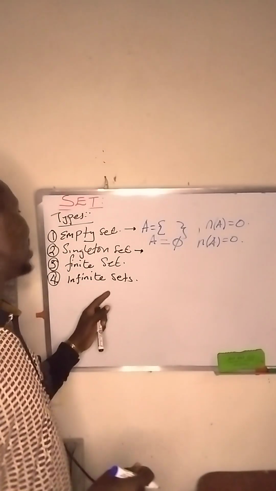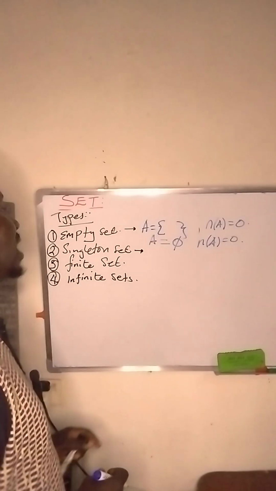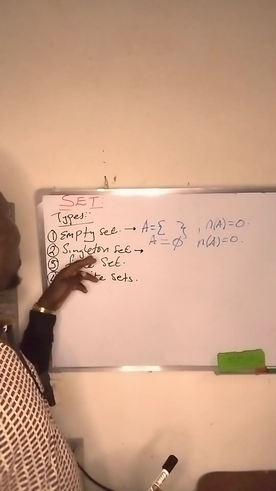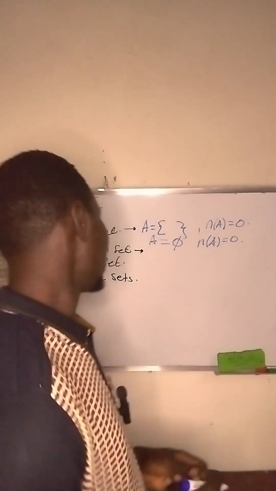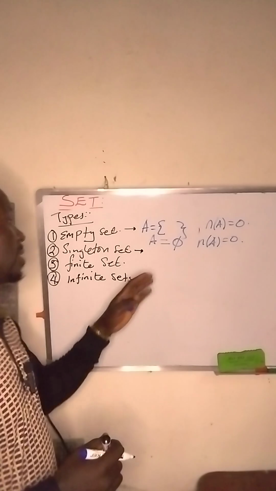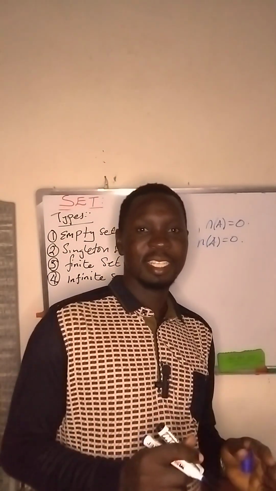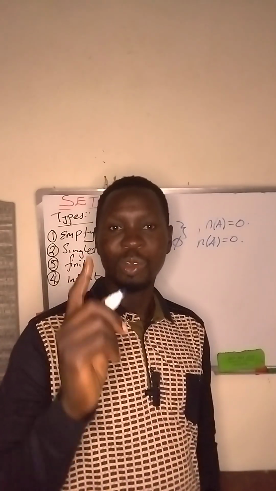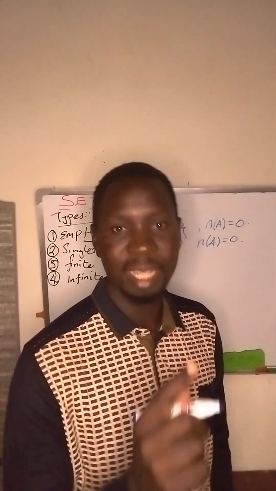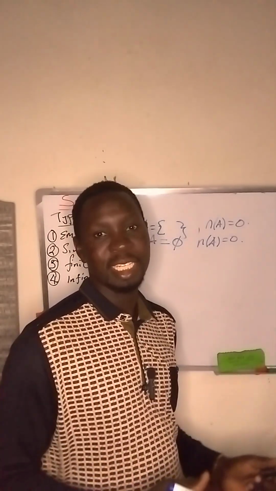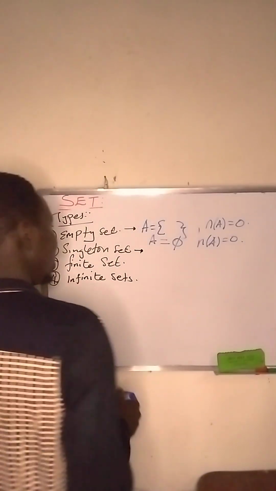Now, when it comes to another arrangement here, we have another type which we call a singleton set. These ones, we say these are sets with only one element. When there is only a single element within that very set, that set qualifies to be a singleton set.